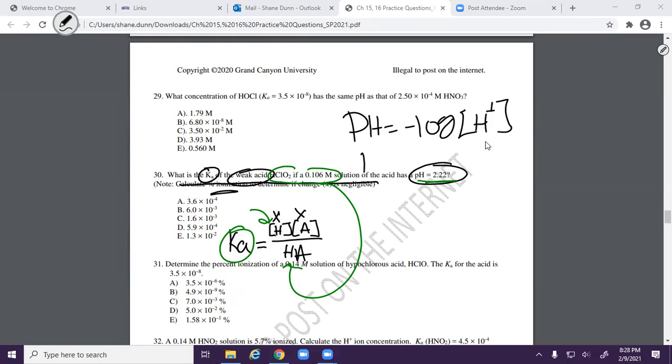So how do I figure the concentration of my H plus? Base 10 to the negative pH, in this case base 10 to the negative 2.22. Does that make sense?